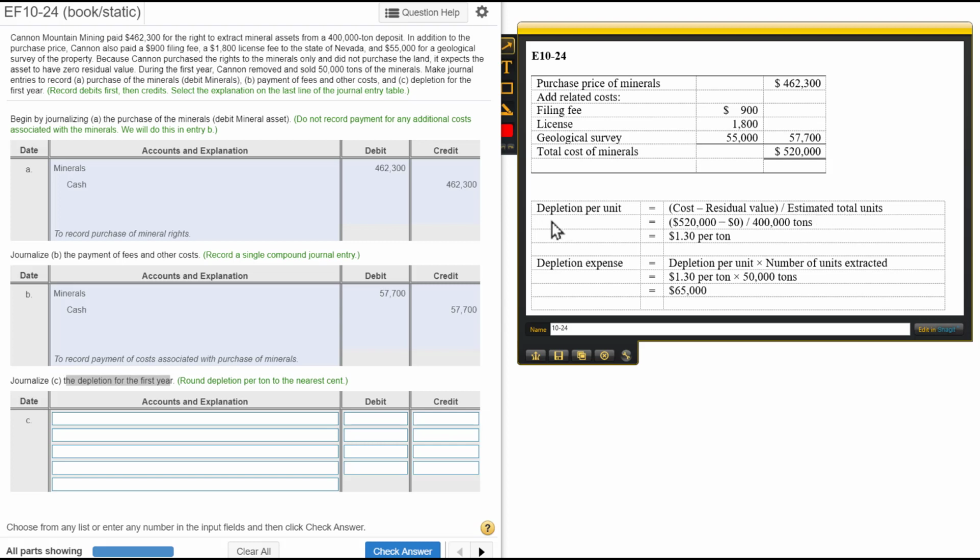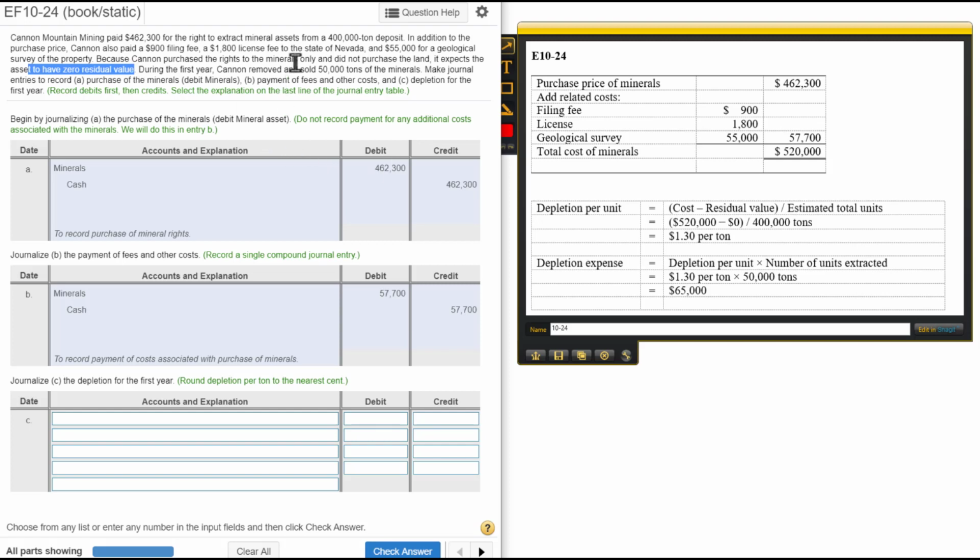So the total cost of this asset is $462,300 plus the $57,700, which I've shown up here is $520,000. Now the residual value, because we don't have the rights to the land, once we extract everything from it, will be zero.